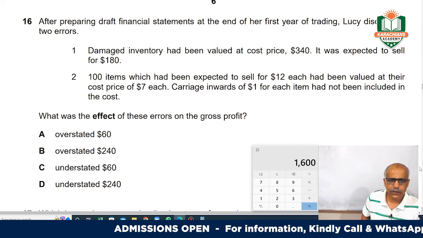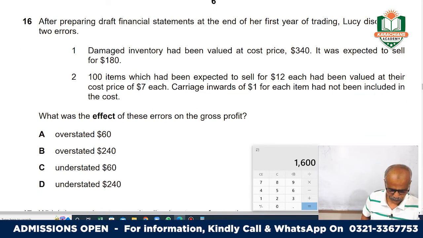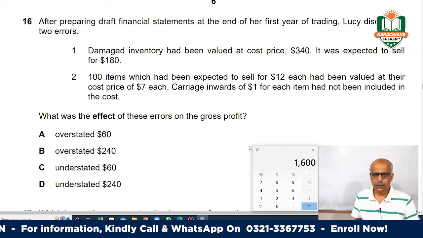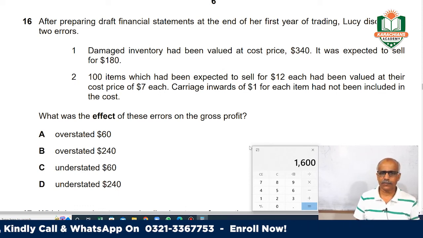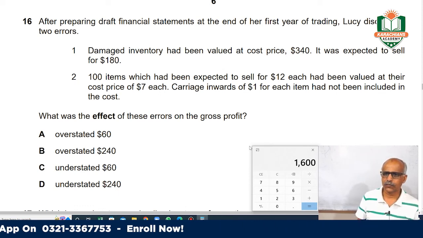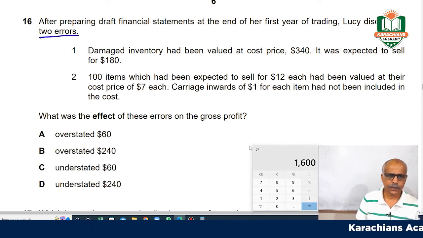Okay, let's see what question 16 says. After preparing draft financial statements at the end of her financial year for trading, Lucy discovered two errors.